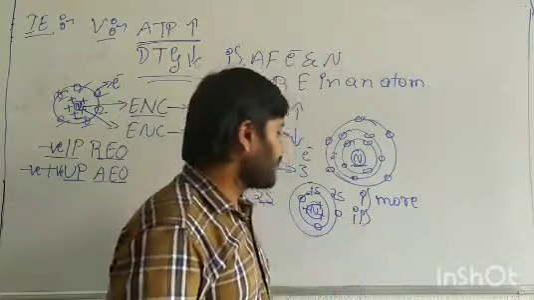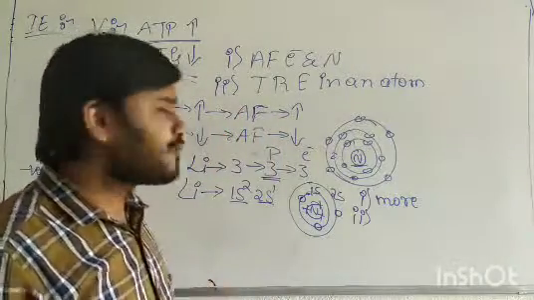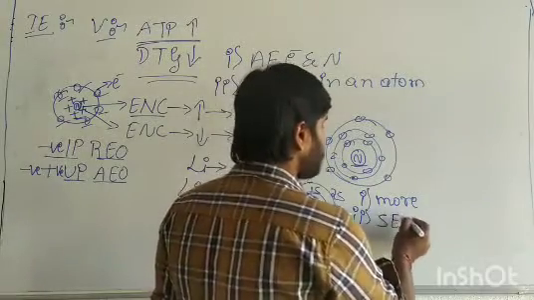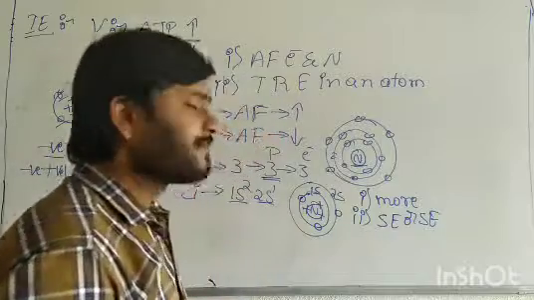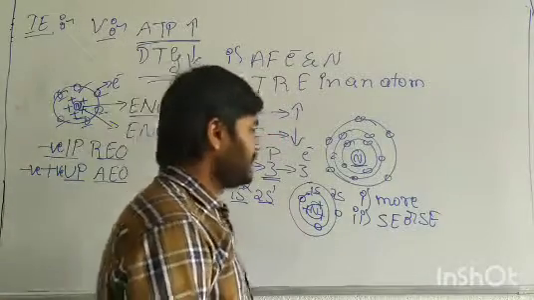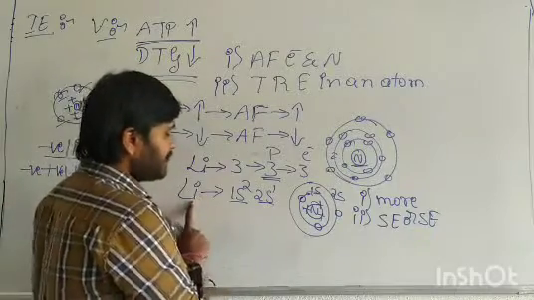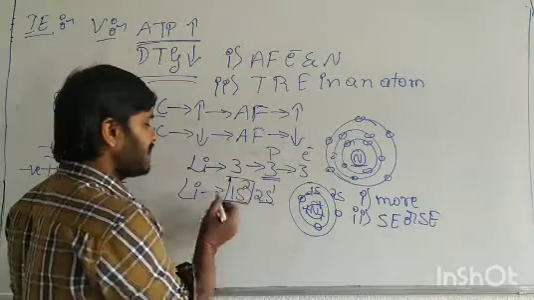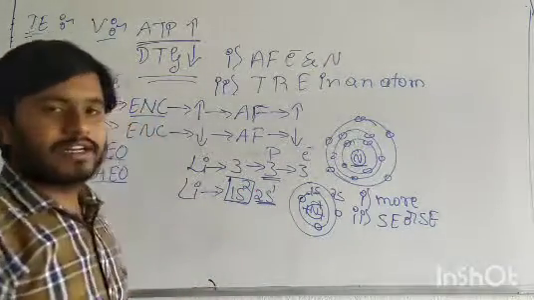When it comes to the second reason, you should know this very important concept, the screening effect, or it is called the shielding effect. Both are one and the same, screening effect or shielding effect. Here in your lithium, the 1s2 electrons are inner electrons and the 2s electron is the outer electron.